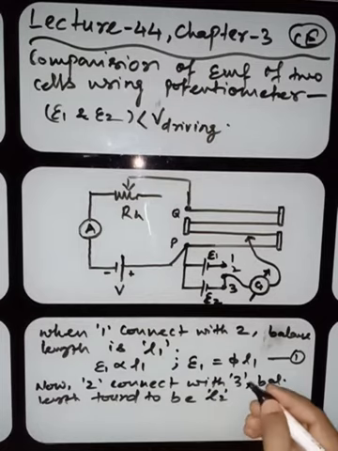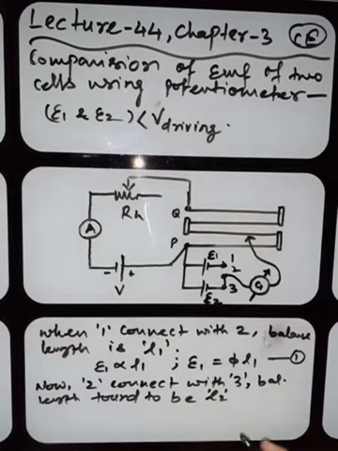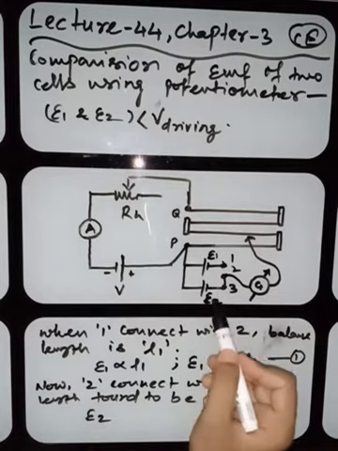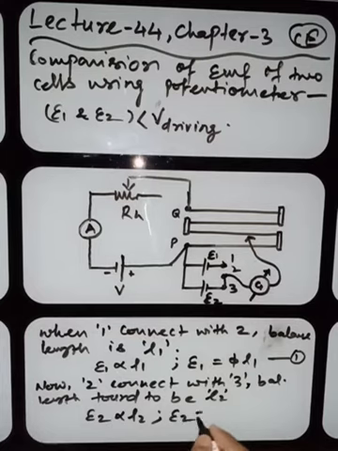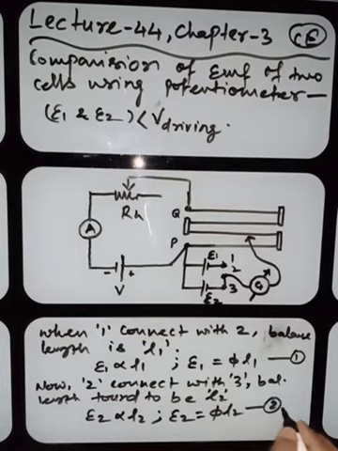Suppose the balance length is now L2. What will happen? You can see E1 is out of the circuit. Now in the circuit we have the cell E2 directly proportional to L2, or E2 equals phi L2. This is equation 2.